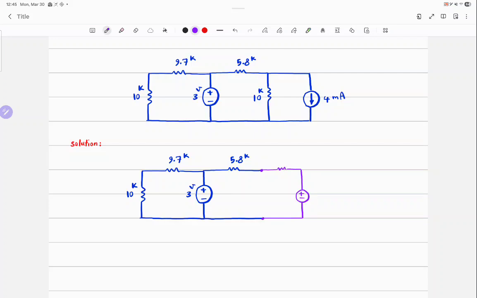Sorry? 10 kilo ohm, the same resistor. What's the value of the voltage source? 4 milliamps multiplied by 10 kilo ohms, which is 40 volts.